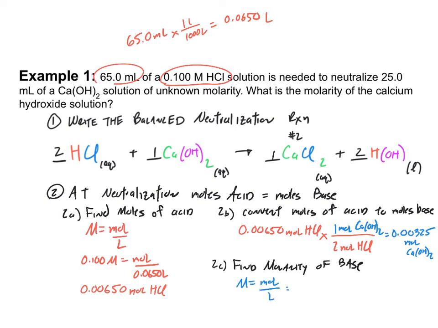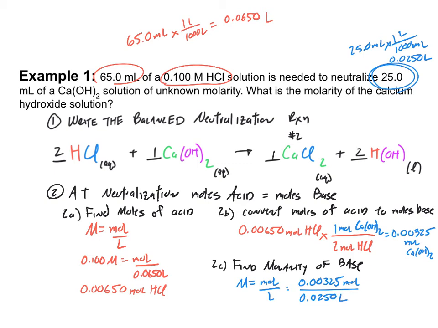And this time I know the number of moles to be 0.00325 moles. And we are told that we have 25 milliliters, which we have to convert to liters. So 25 milliliters, in 1 liter there's 1,000 milliliters, so that gets me 0.0250 liters. So I'm going to plug that in.